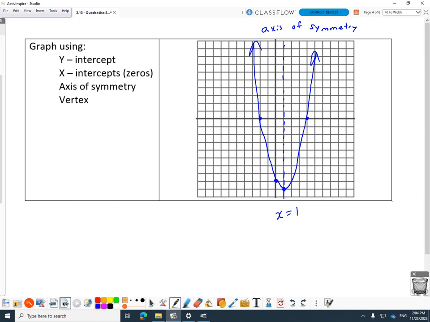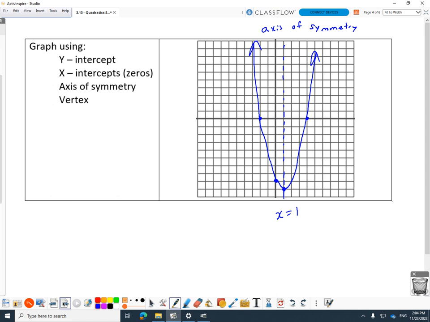Do you need more time? Yes? Do you need more time?